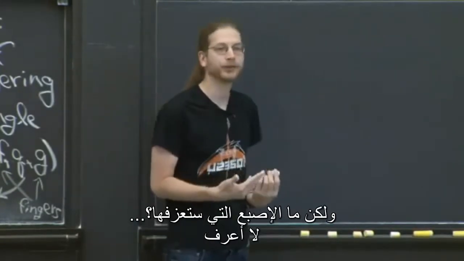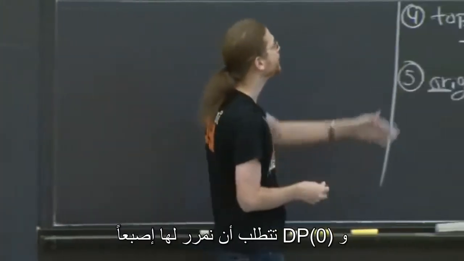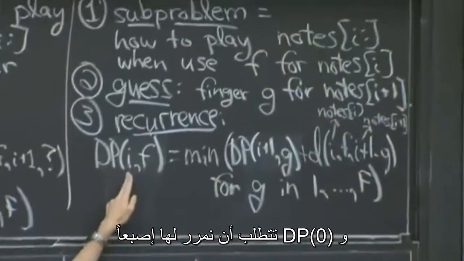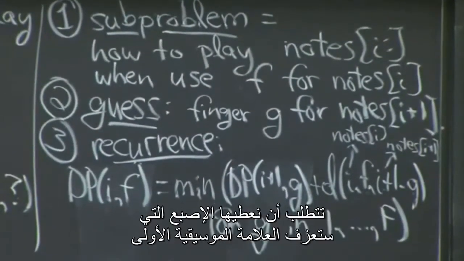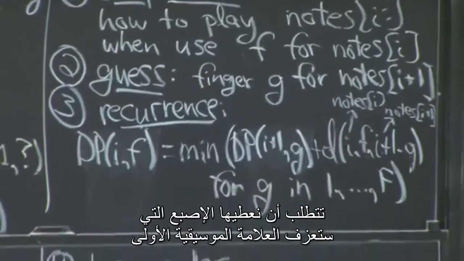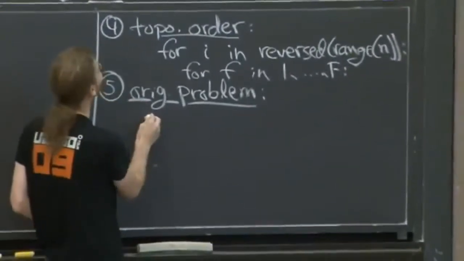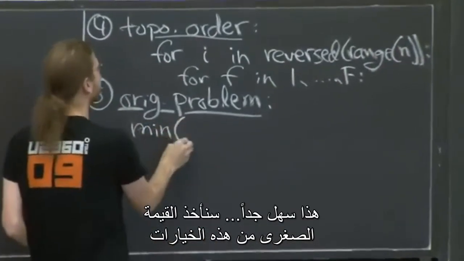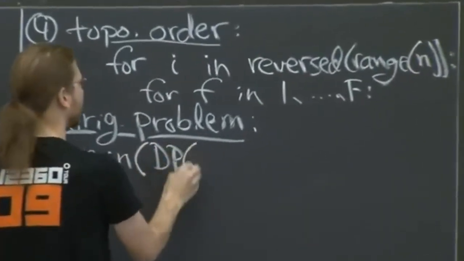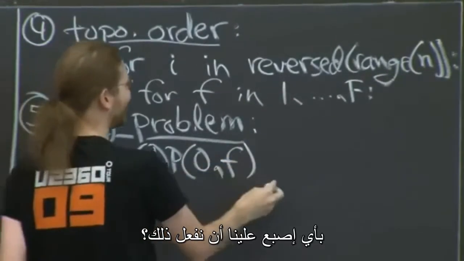But what finger goes there? I don't know. And dp of 0 requires us to give it a finger. Give it the finger for whatever is the first note. So this is pretty easy, though. We just take a min over those choices. Which finger should we give it?